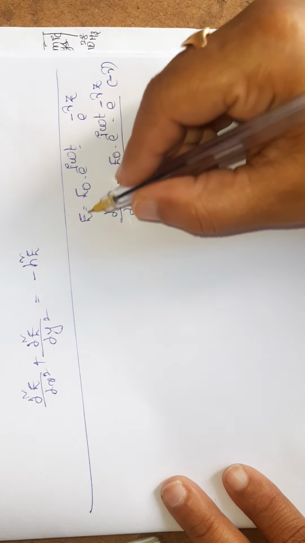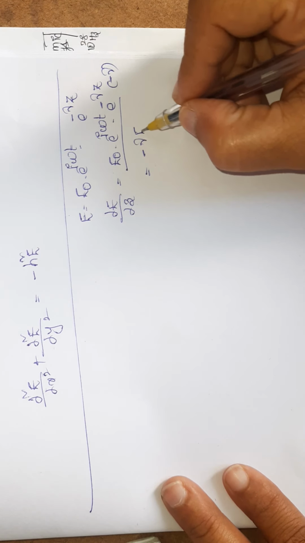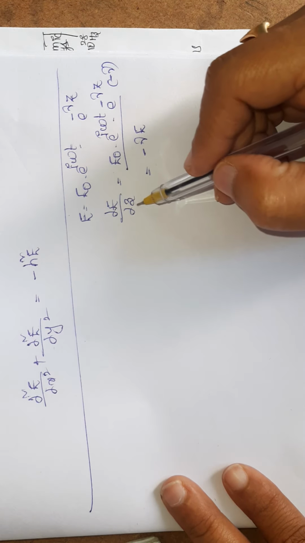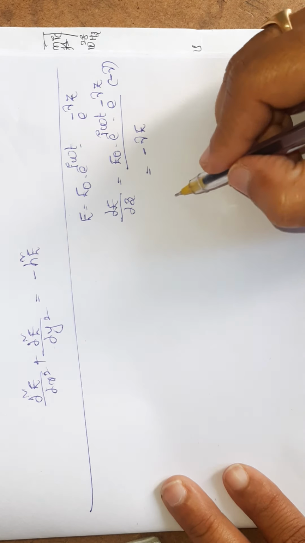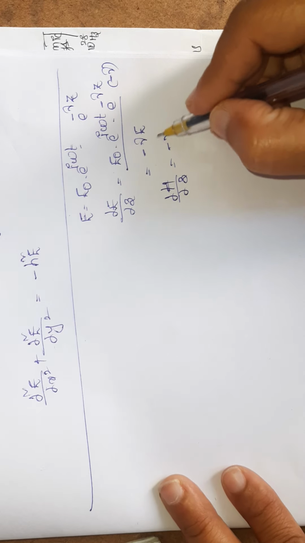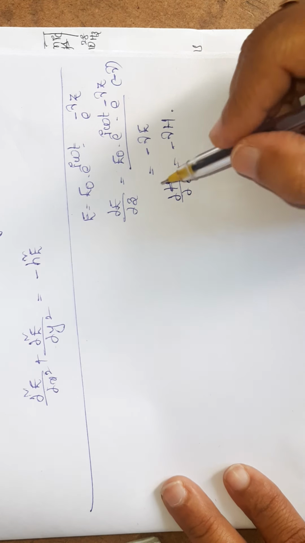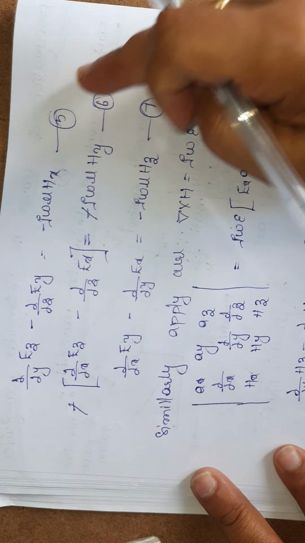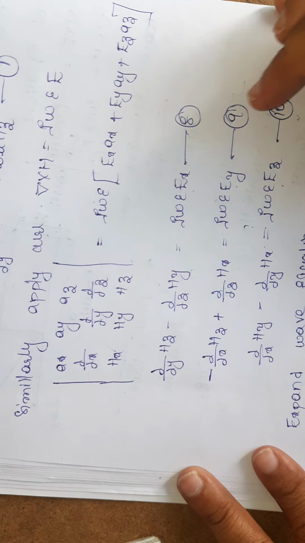So this is totally E, so minus γE. Wherever you have ∂E/∂z, you can write minus γE, and wherever you have ∂H/∂z, you can write minus γH. You just replace these two terms in equations 5, 6, 7, 8, 9, 10.